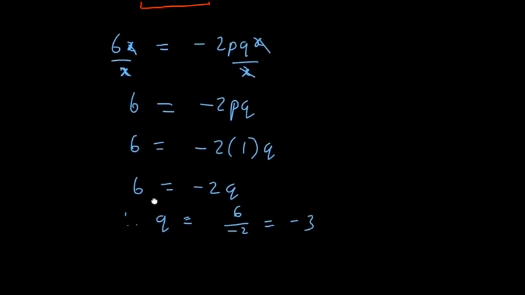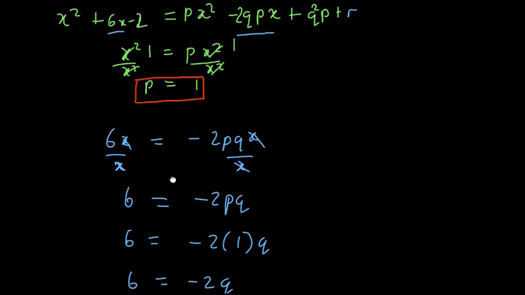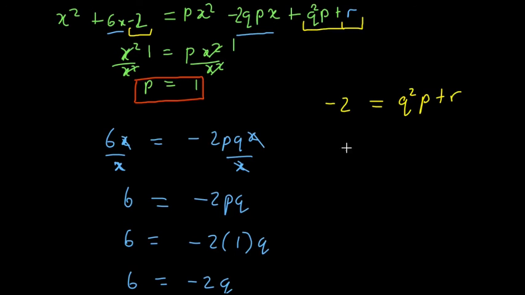And we got q. Now we need the value of r. For the value of r, we are dealing only with the constant, which is minus 2, and this part. So we have minus 2 is equal to q squared p plus r. So minus 2 minus q squared p is equal to r.